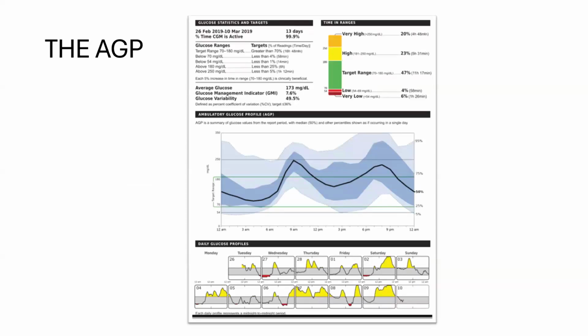So we're going to start and pretty much just stay in the orbit here of something called the AGP. This is the ambulatory glucose profile. This is the most basic report really that exists in the CGM world. So we're going to break this down a little bit, and talk about all the needed elements here, from how much data we have to have, the ranges, and a few other data points as well.